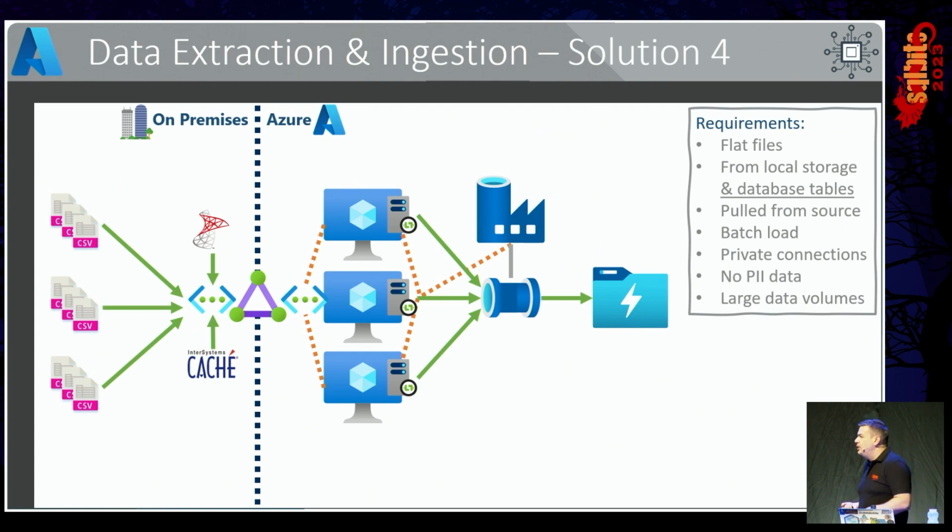You notice that I've put an InterSystems Caché database on there quite deliberately because this has caused me a lot of pain once upon a time for a customer that had one of these. And I had to use ODBC drivers on my integration runtimes to connect to that. Lots of fun. Not. But hey, we could do this. Solution version 4. This could be how we create this end-to-end solution.